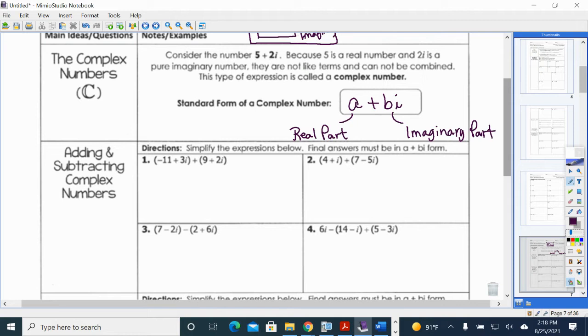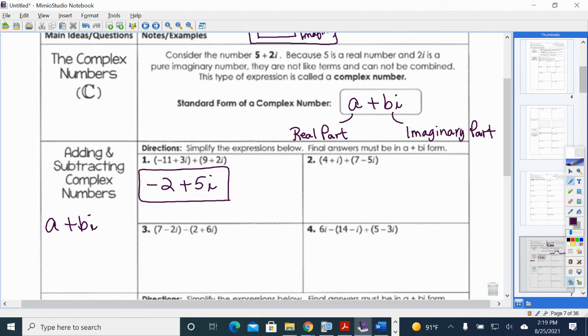Because it has to be in the form a plus bi, I always like to start with the real part. So negative 11 plus 9 is a negative 2. And then for my imaginary parts, 3i plus 2i is a positive 5i. That's how you add. And yes, it is that simple.